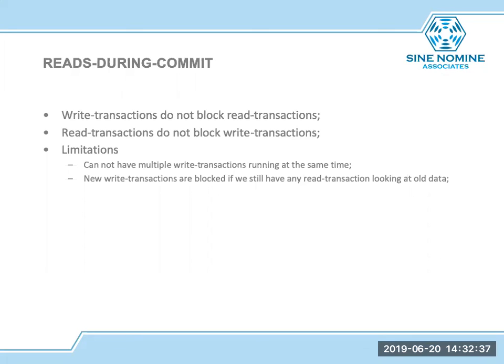So I have one write transaction called X, right. And I have some read transactions going that are reading the data from before X. Yeah, like X minus 1. Yeah. And so then I try to do a new write transaction X plus 1, what's being blocked? So X plus 1 is being blocked from writing if people are still looking at X minus 1, right? Yes. Not looking at X.